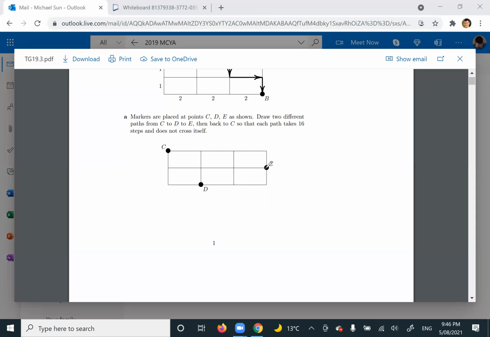So this is 2, and this is 1 1. That equals 4, and then you're up to D, and then 2 2 equals 4. So that is 8, and then 8 plus 1 equals 9, so it's a 10.